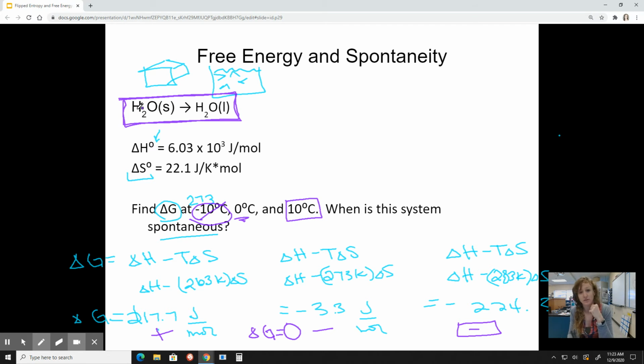Well, it occurs above the freezing point of water, right? Which is 0 degrees Celsius. So at -10 degrees Celsius, no, we wouldn't expect this to be spontaneous, which is what we found through the calculations. At 10 degrees Celsius, yeah, we would expect this system to be spontaneous, which is what we verified through the calculations. So this is kind of how it works.